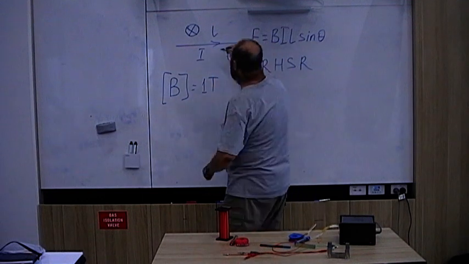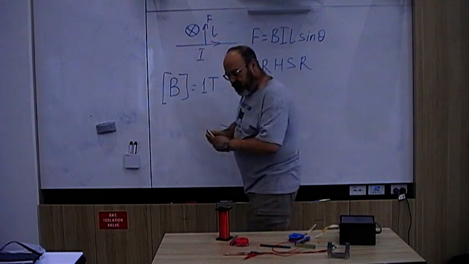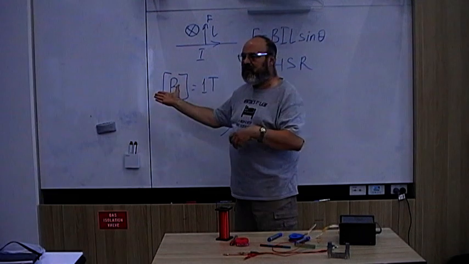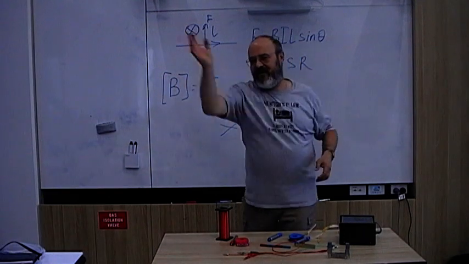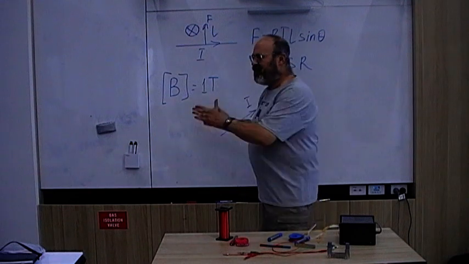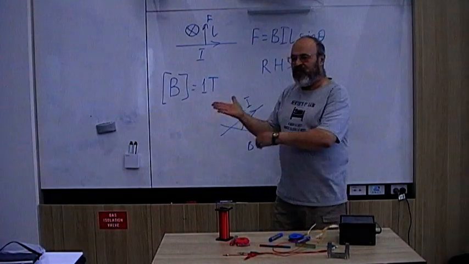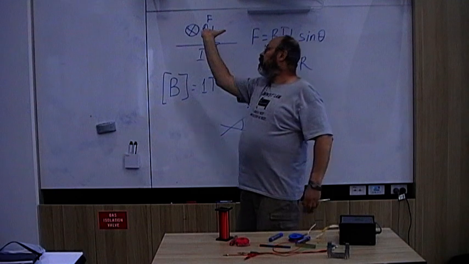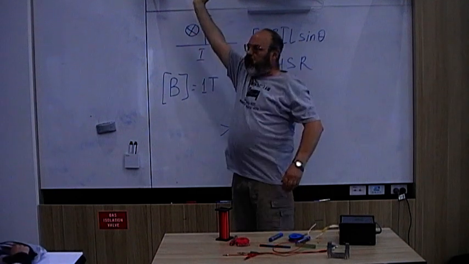So you place four fingers along the magnetic field, thumb along the current, force coming out of the palm.